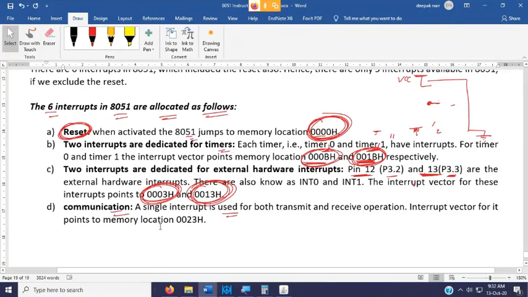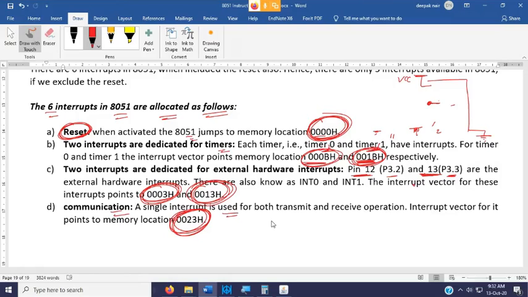One interrupt is dedicated for this communication, and the vector location for that interrupt is 0023h. So one interrupt is dedicated for both transmission and reception operations. So basically you have 5 interrupts.